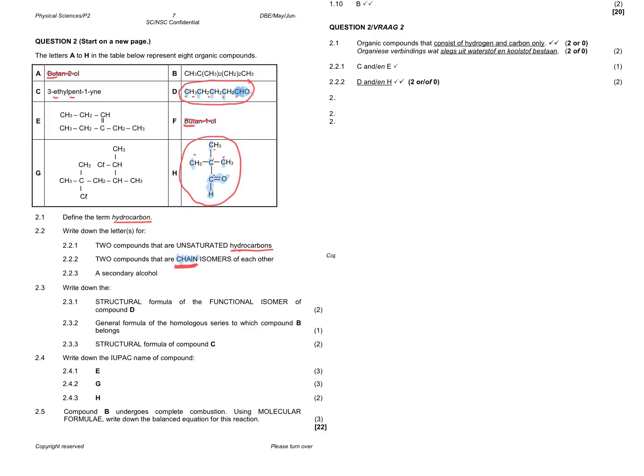So you have to get both of those correct. The reason why 2.2.1 is only 1 mark and 2.2.2 is quite a few is because it would take you longer, probably, to do 2.2.2. A chain isomer has the same carbons, hydrogens, oxygens, but this one here is pentanal.